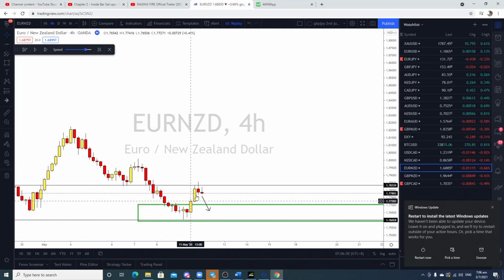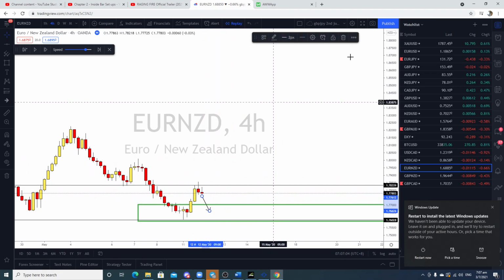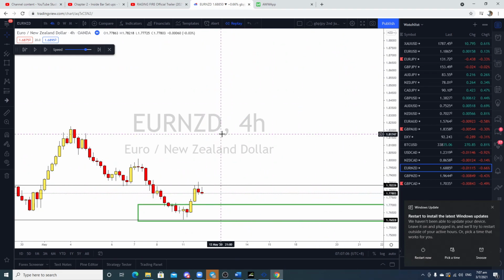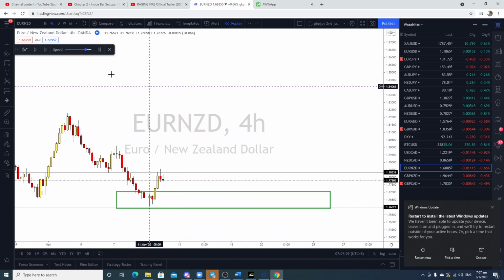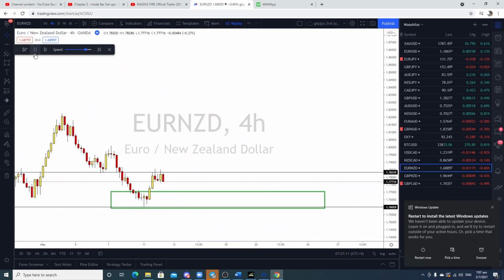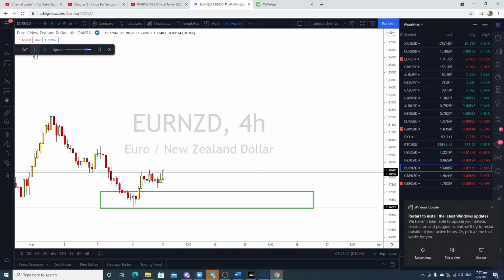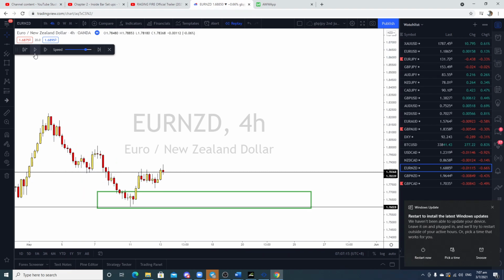Right now there is buyers presence, but there is no setup to go long yet. In this case, you know that the daily close is engulfing. So let's see how it plays out. No, price is above now.